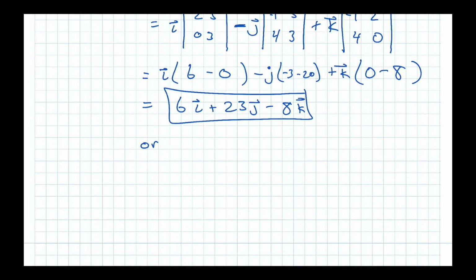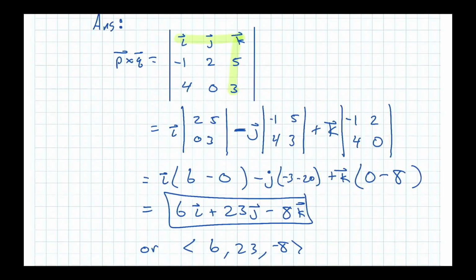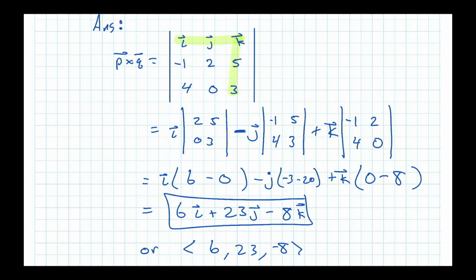Or remember, of course, you can always go triangular bracket style and write 6, 23, -8, same thing. Okay, so that's how people actually, wait, I added stuff wrong. Hold on.